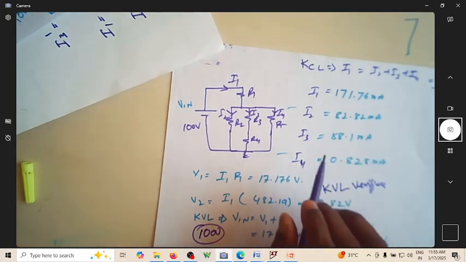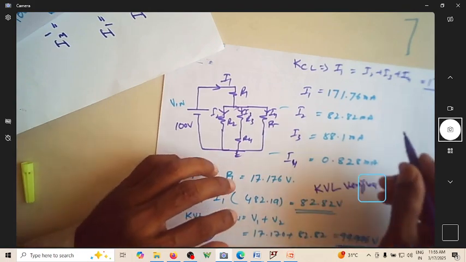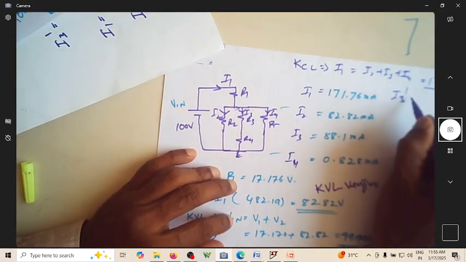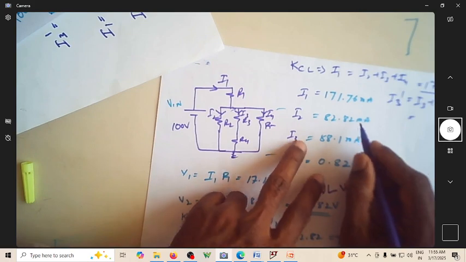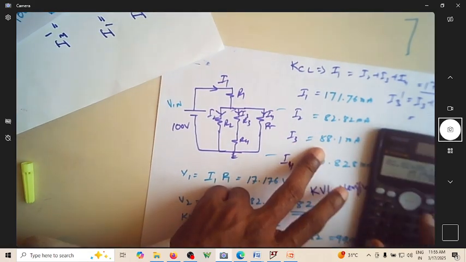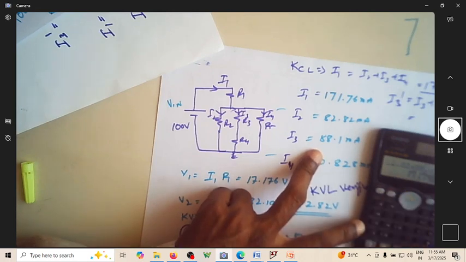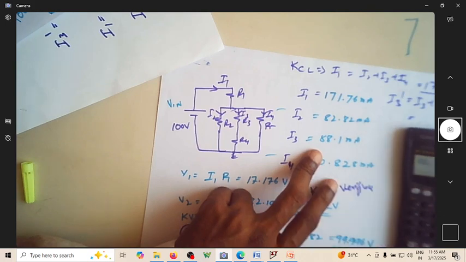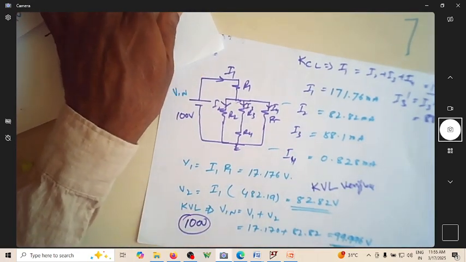Okay, and of course you can also verify I3 dash is equal to I3 plus I4. So where is that? I3 dash is equal to I3 plus I4. How much is I3 plus I4? I can just delete the first two values. This is actually 88.92 milliamperes. So how much was our I3 dash?